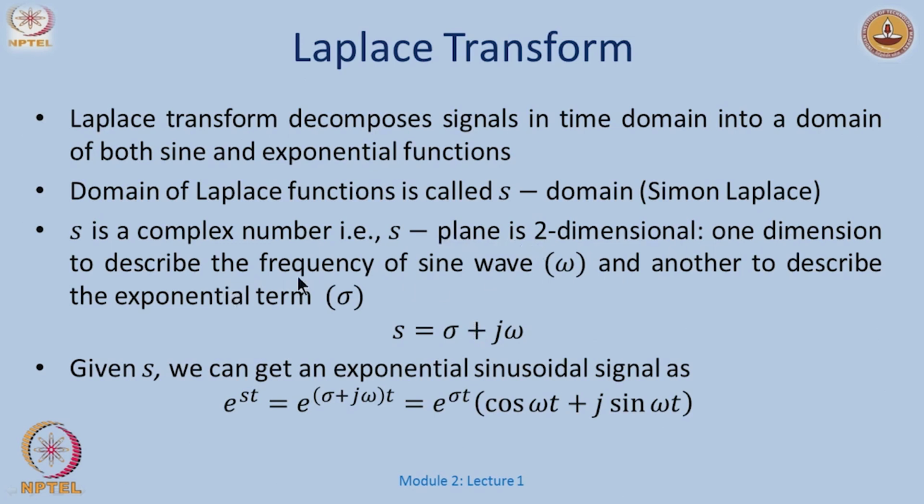The first dimension corresponds to the exponent, and the second describes the frequency of the sinusoidal component. So, if I write down a component of the form e power st, S is decomposed into the exponential term and the sinusoidal term, and this expands as e power sigma t times cos omega t plus j sin omega t.